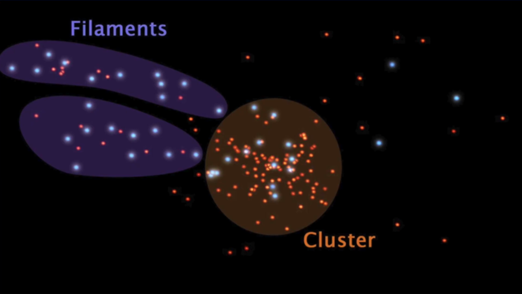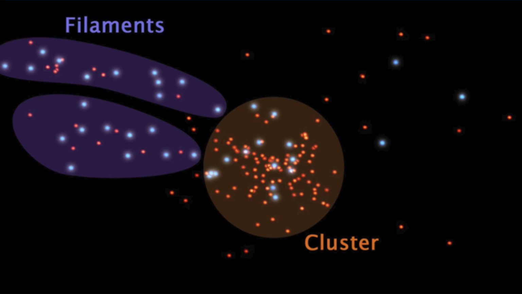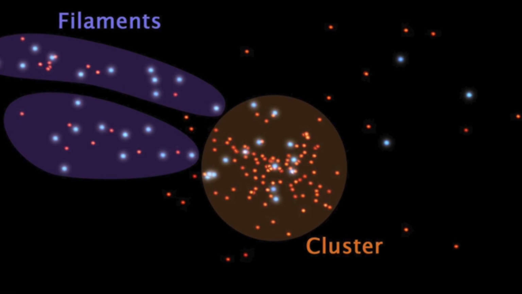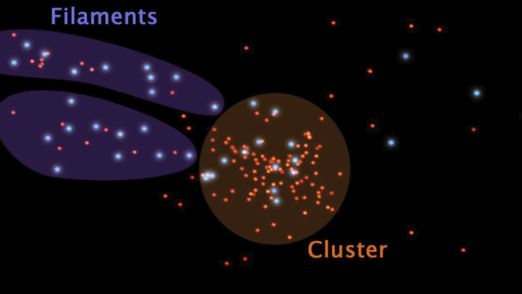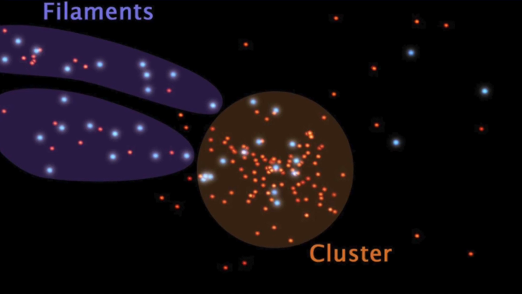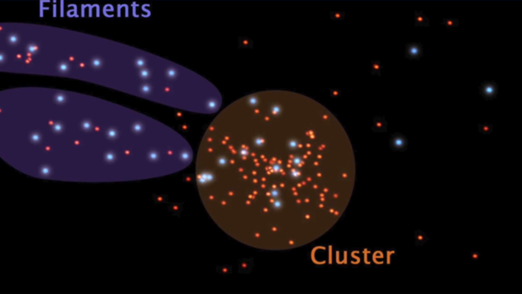Using multi-wavelength analysis of galaxies in and around clusters, astronomers find evidence of enhanced star formation activity in many galaxies further away from the center of clusters.